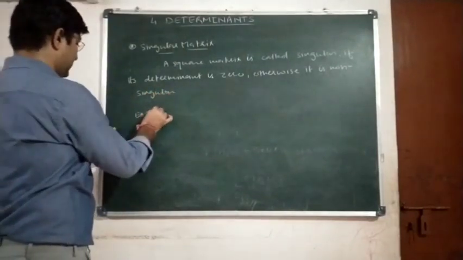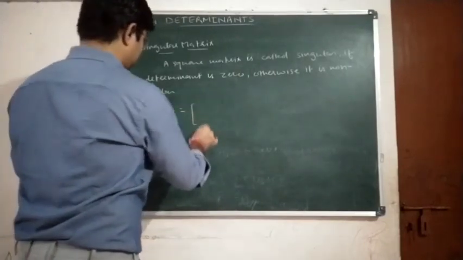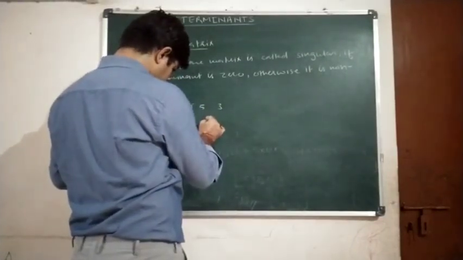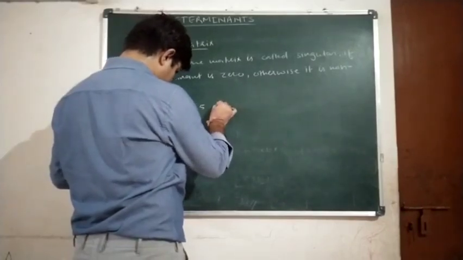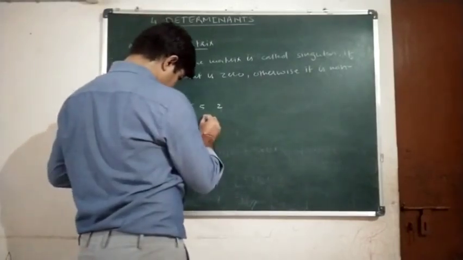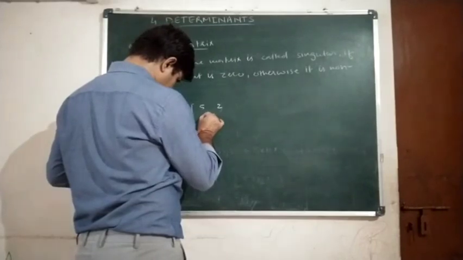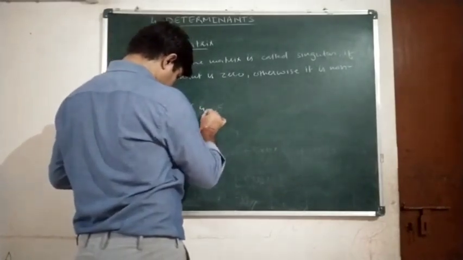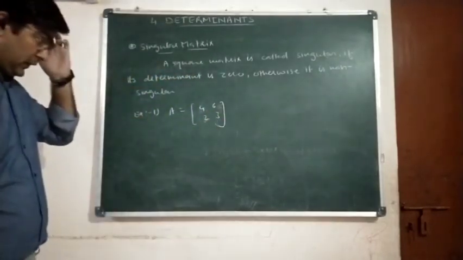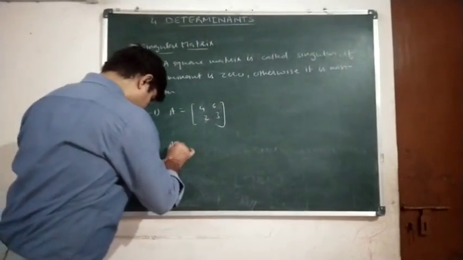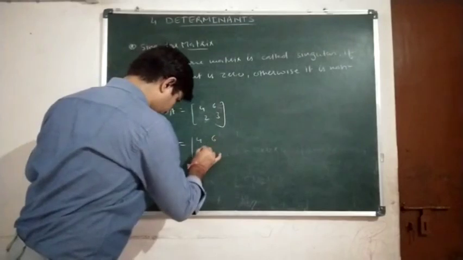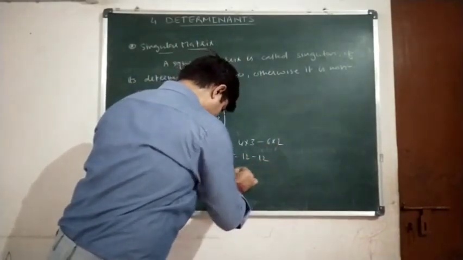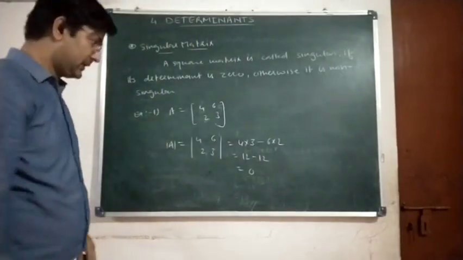Here let us take few examples. Example number 1, let us consider the matrix A. Now this is a matrix of order 2, so the determinant will be given by 4 6, 2 3, which is equal to 4 3 minus 6 2, so 12 minus 12 is equal to 0, and hence we can say that matrix A is singular.